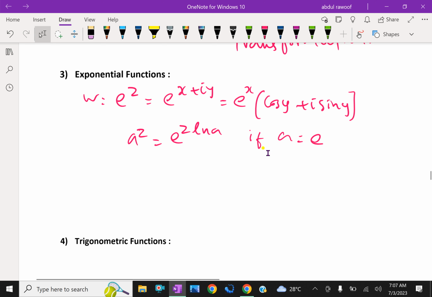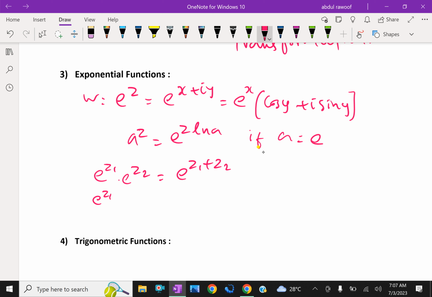For example, e power z1 into e power z2 is e power z1 plus z2, and e power z1 divided by e power z2 equal to e power z1 minus z2. The first is the addition rule and the second is the subtraction rule.